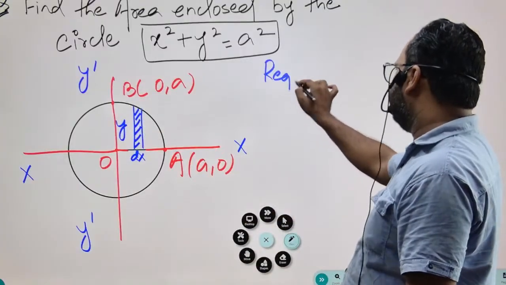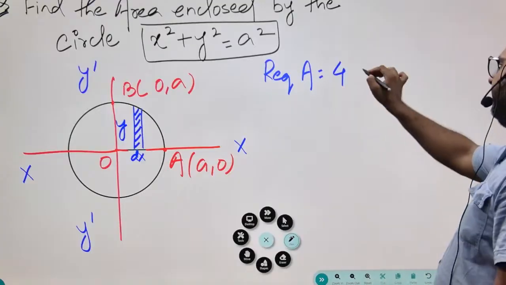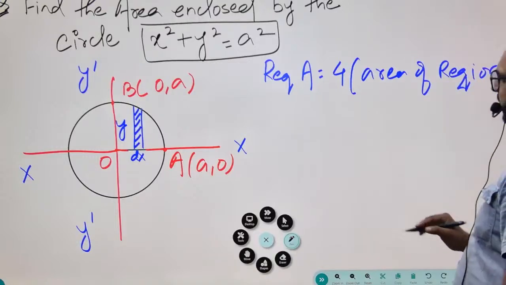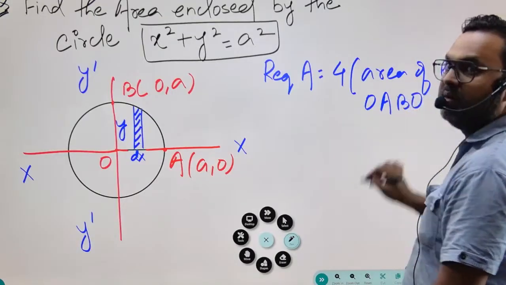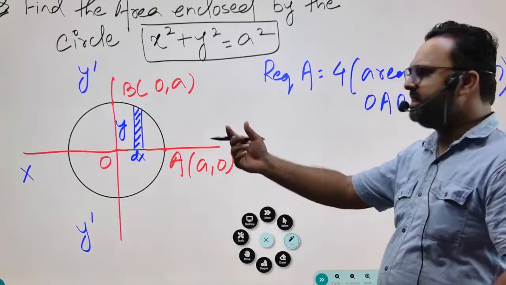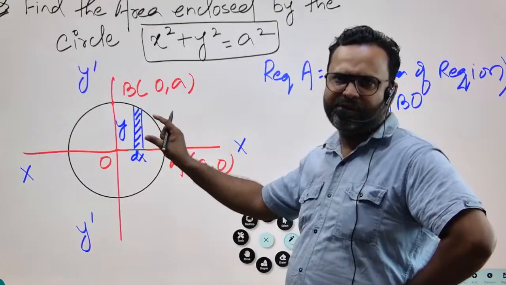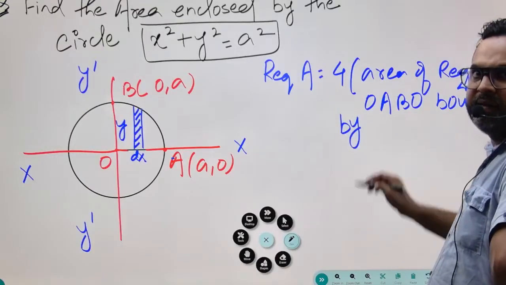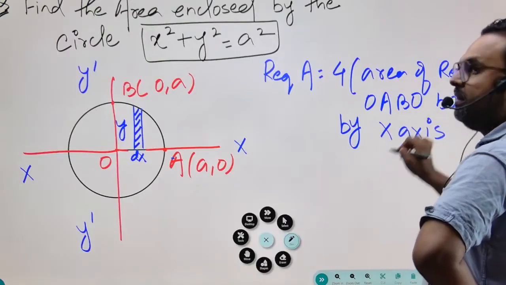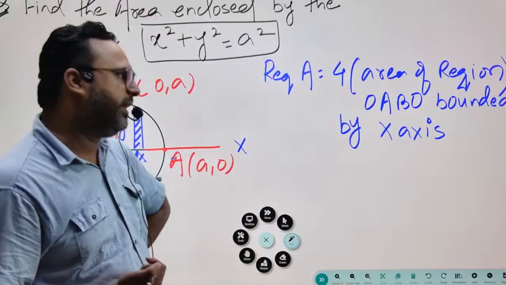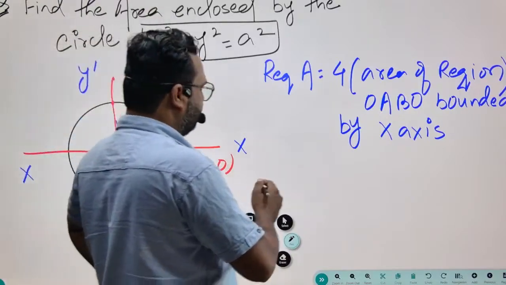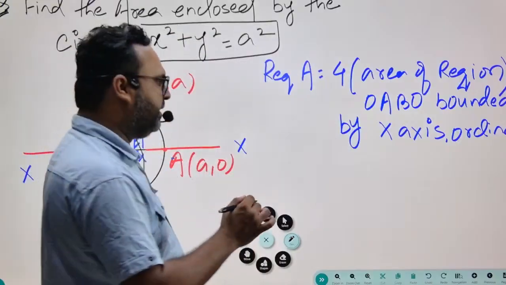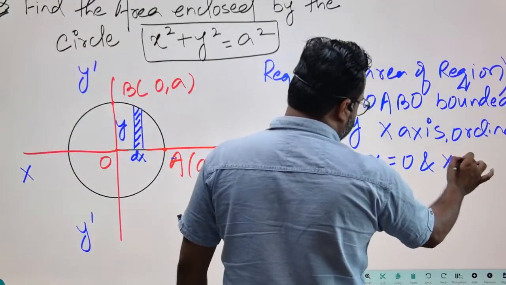So the required area is nothing but 4 times the area of region OABO, bounded by the x-axis, ordinates x is equal to 0 and x is equal to a.